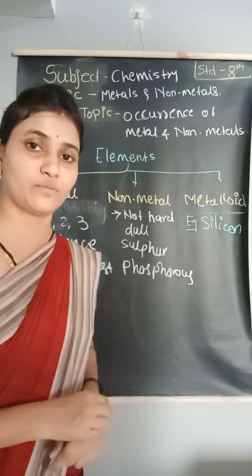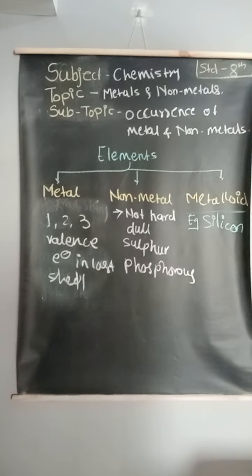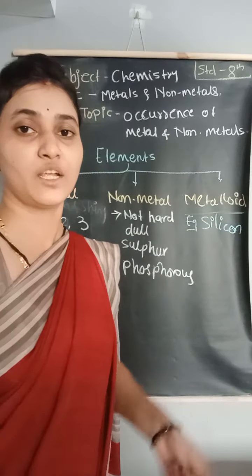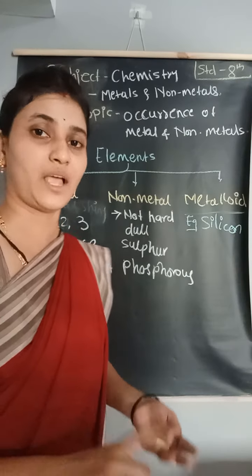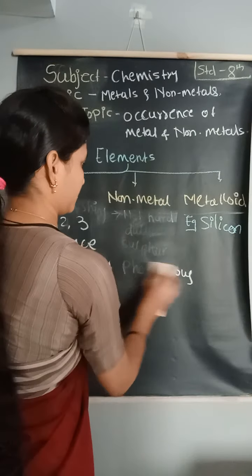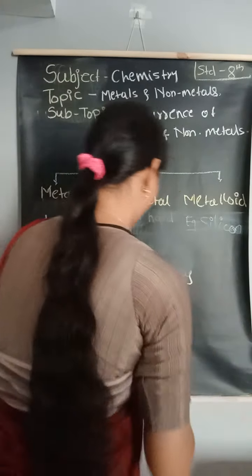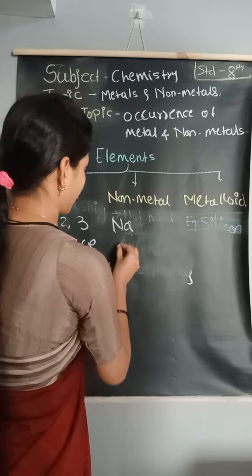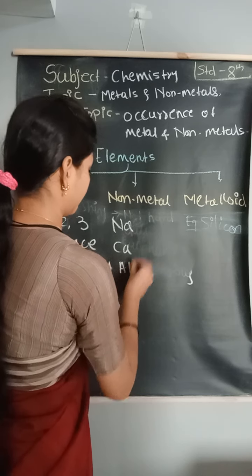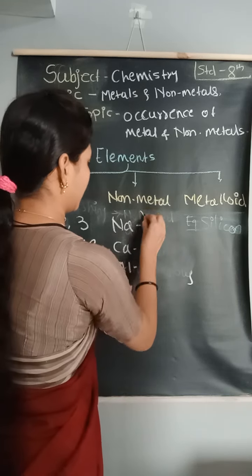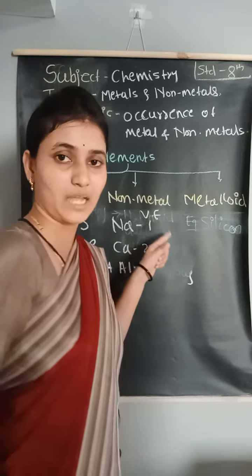The examples of metals are sodium, calcium and aluminium. Those have 1, 2, 3 valence electrons in the last shell.